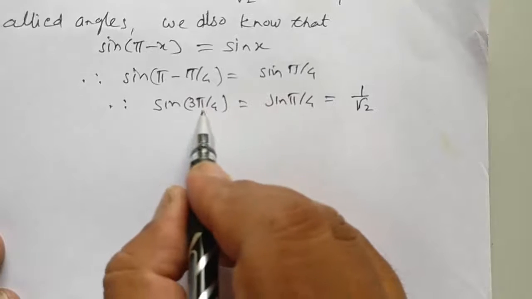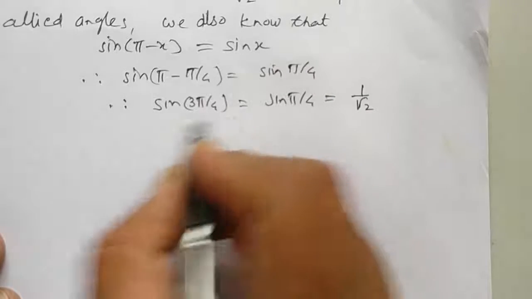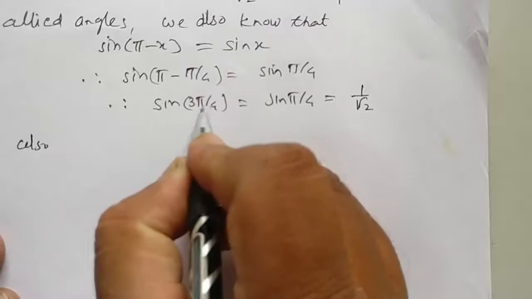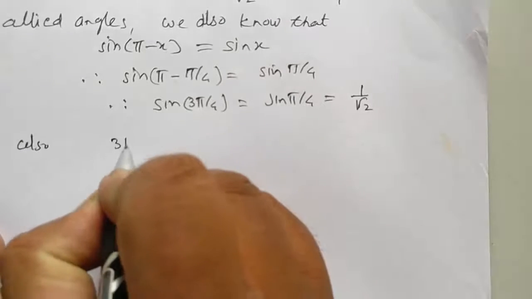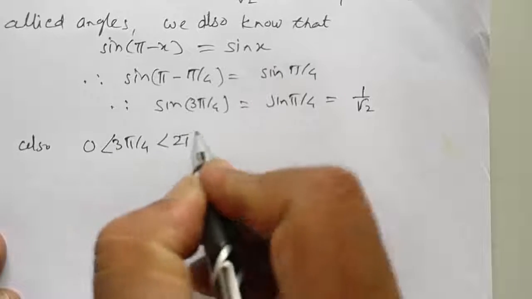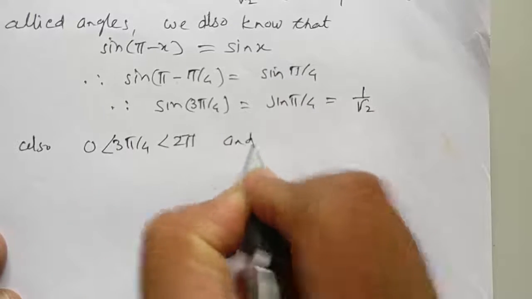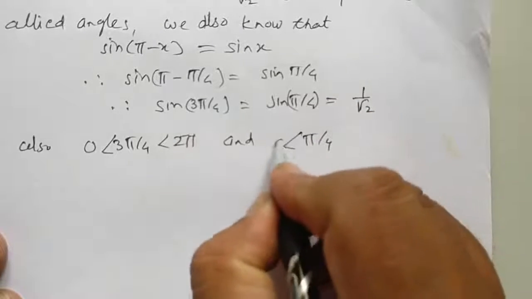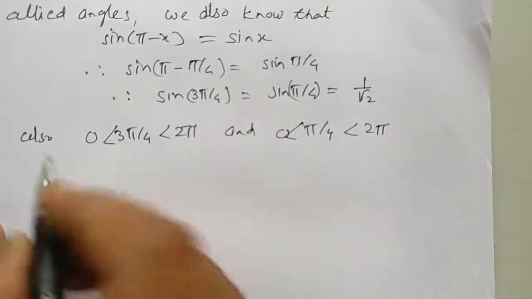Also, 3 pi by 4 is greater than 0 and less than 2 pi, and pi by 4 is greater than 0 and less than 2 pi.